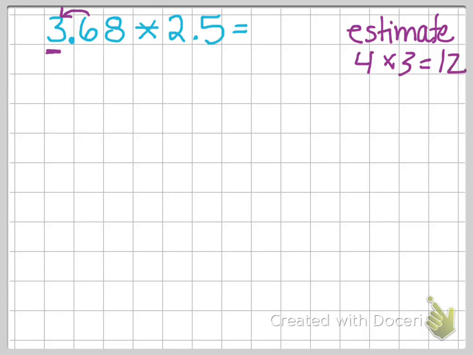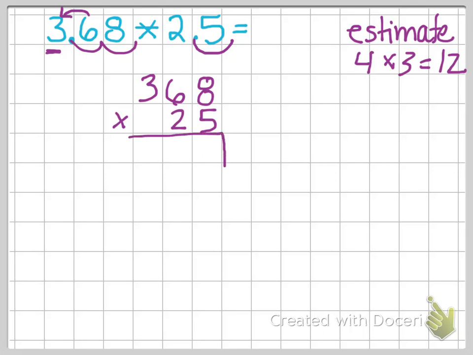Alright, now let's do our decimal point out, decimal point in, decimal point out, decimal point in. So 1, 2, 3 this time. Alright, let's set it up as whole numbers. 368 times 25, and we'll put our decimal point back in at the end.